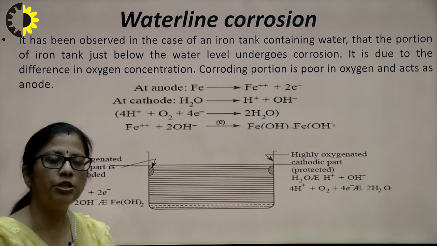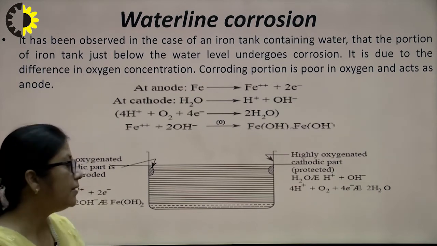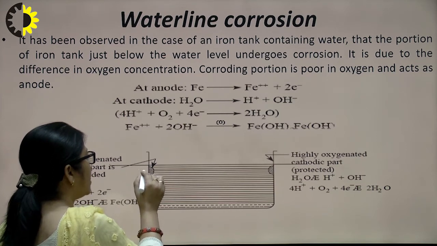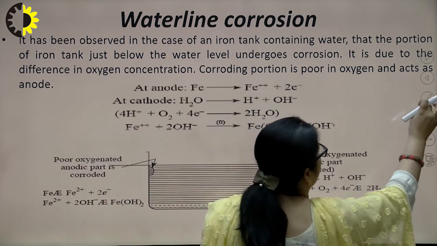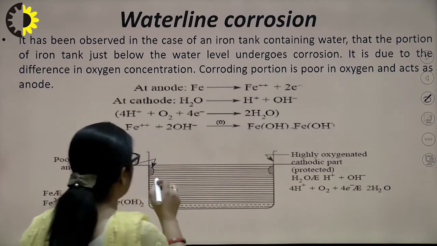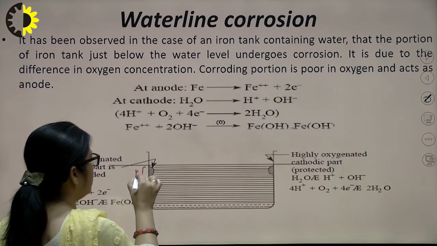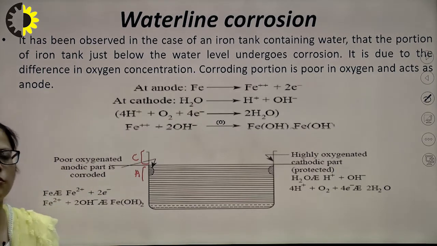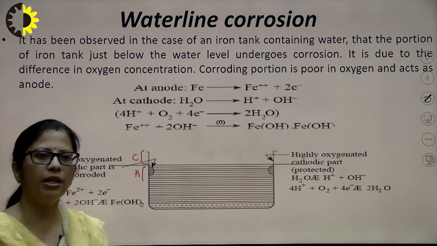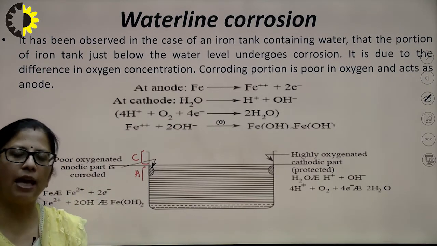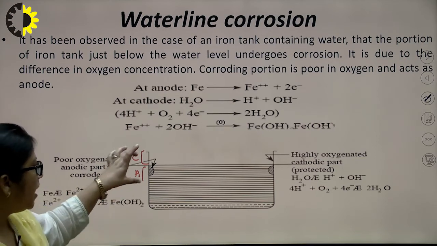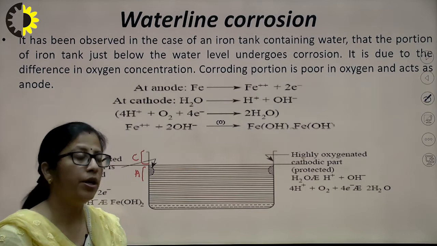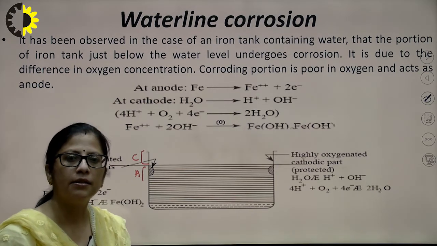When the oxygen concentration becomes less, automatically these parts start behaving as anode, whereas the part above water where there is high concentration of oxygen starts behaving as cathode. As a result, a galvanic cell is formed. Therefore, the corrosion starts.